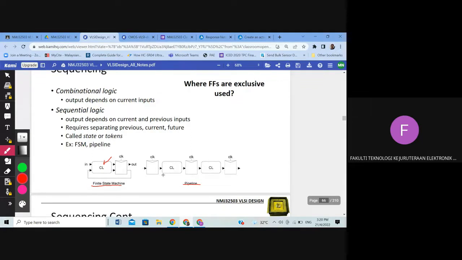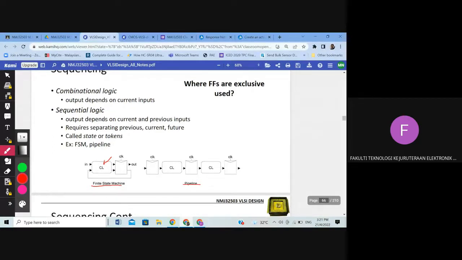Similarly for our pipeline, we have a combinational circuit here, and in between the combinational circuits we have a flip-flop or a latch, to make sure the data is not mixed with the previous or the next token. So the output depends on the current and previous input. This is the characteristic of what we call sequential logic.